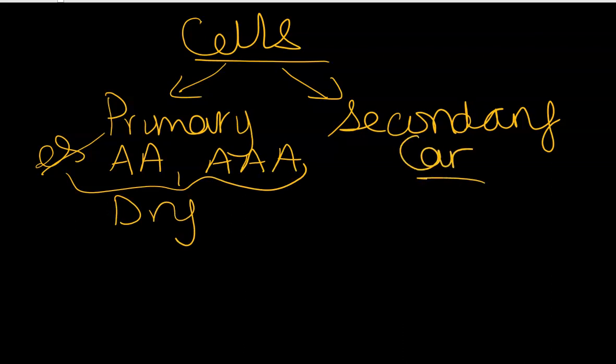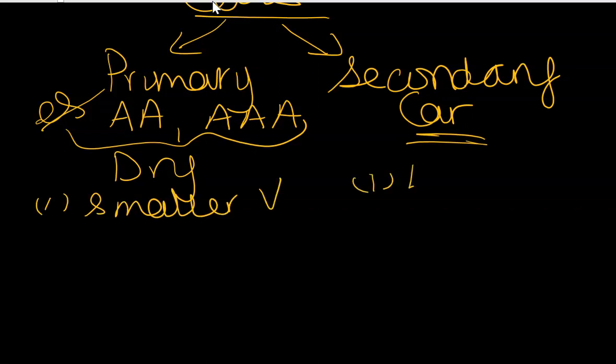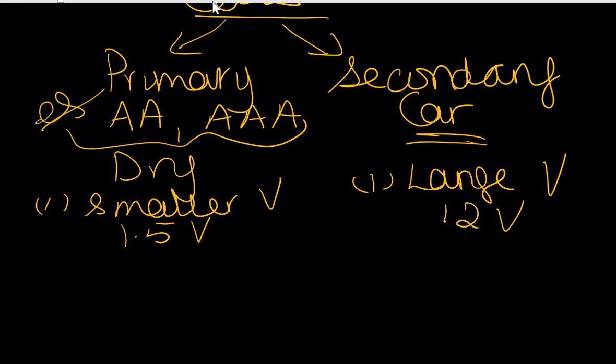Your car battery is an example of a secondary cell. Primary cells and dry cells have a much smaller voltage, and a secondary cell will have a larger voltage. The smaller voltage is around 1.5 volts, and for a secondary cell it's around 12 volts.